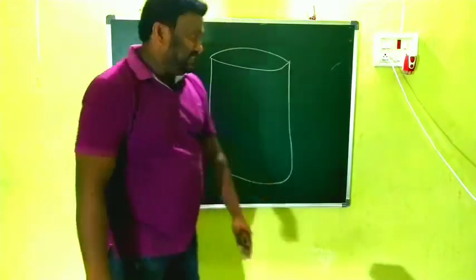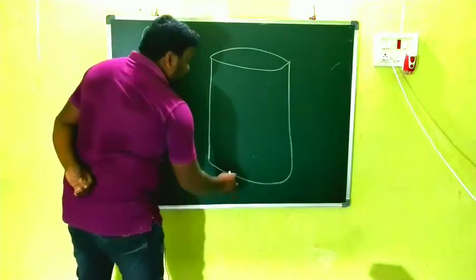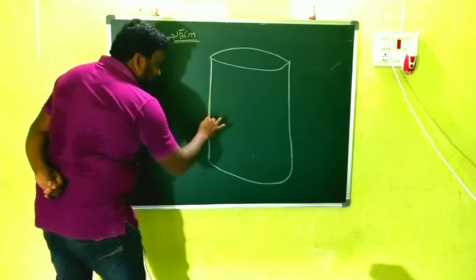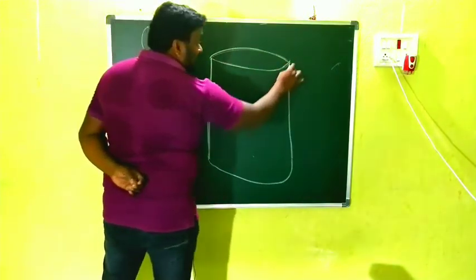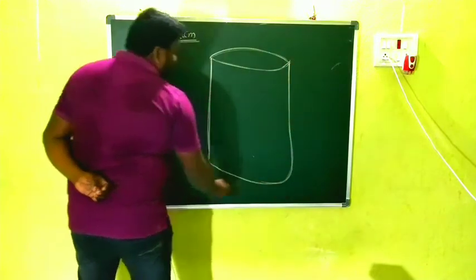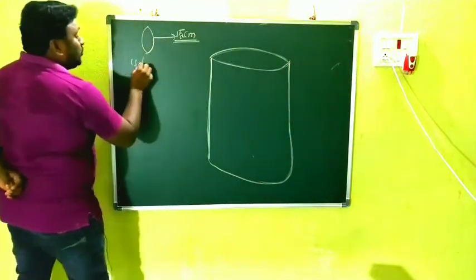Now we are taking some vessel. This is the vessel. The length of the vessel must be 4 times the focal length.